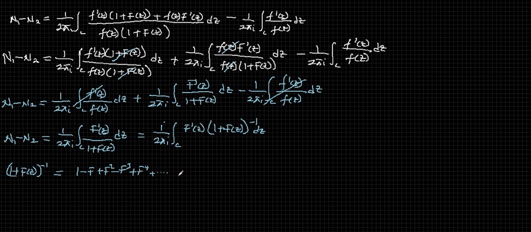Substituting this into the formula, we have 1 over 2 pi i integral of the contour of F prime of z into 1 minus F plus F squared minus F cubed plus F to the power 4 minus dot dot dot to infinity, dz.